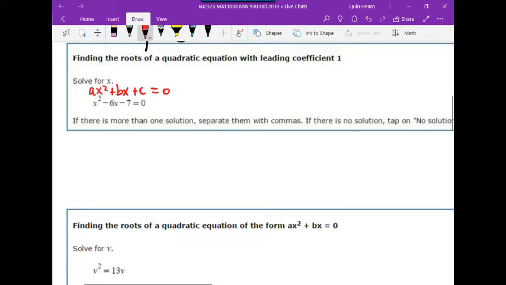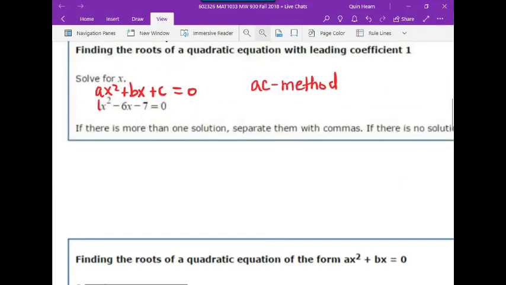Remember that in class we used what I called the AC method for factoring trinomials. In this case, the coefficient is 1 in front of the x squared, even though it's not written. I'm not sure if this is big enough, if you can see it. Okay, so A is 1 and C is -7.